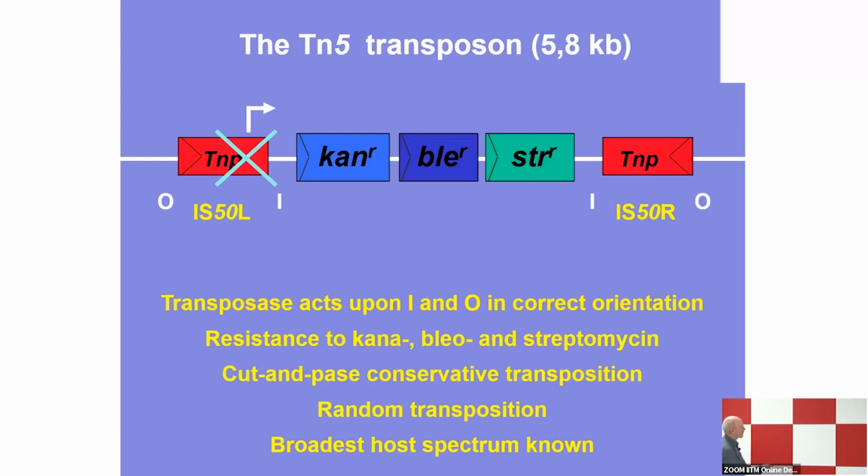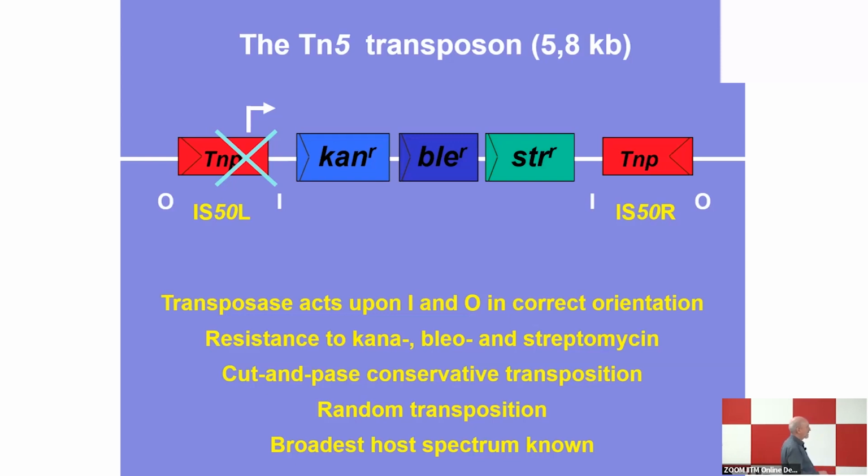So Tn5 transposition will work in E. coli, in Bacillus, in yeasts, and in mammalian cells. Once you have this element, the system works very well, because the only thing required for transposition is a segment of DNA flanked by these terminal sequences and the activity of the transposase encoded by one of the two insertion sequences.